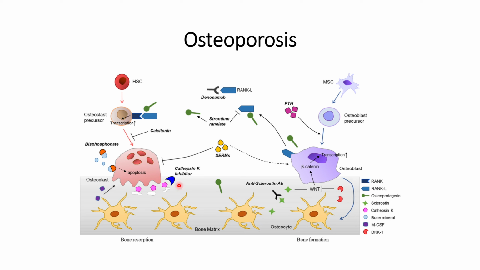Simultaneously, a cathepsin inhibitor can also be used so that bone resorption can be decreased and bone formation can be increased in a way that equilibrium is maintained. So it will not create the exaggerated problems that people observe in osteoporosis.